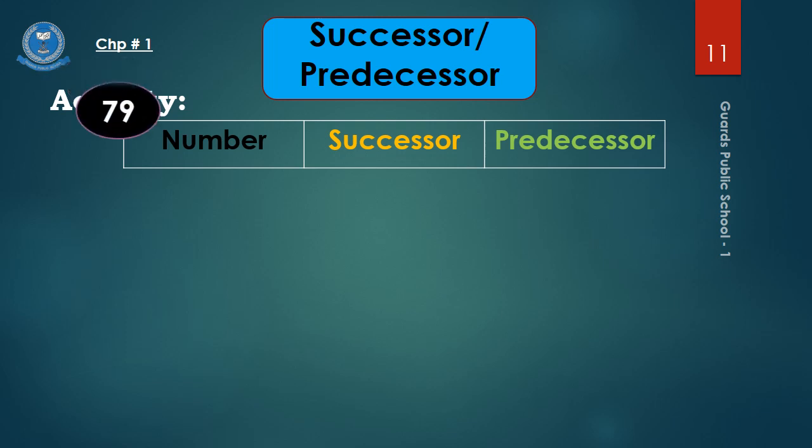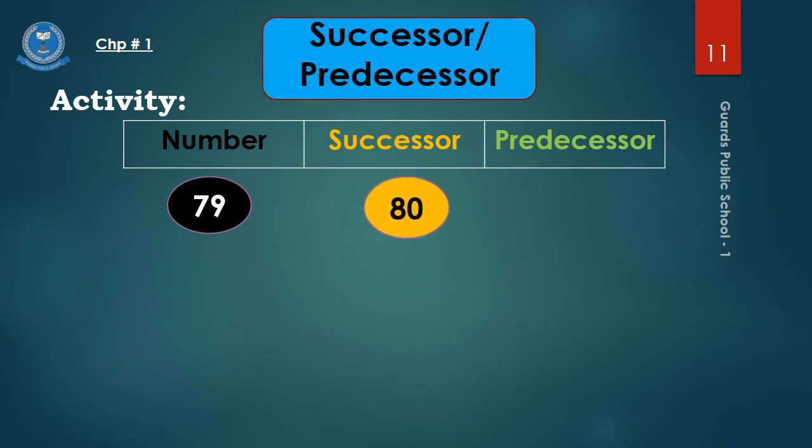If we have the number 79, what is the successor of 79? Yes, it will be 80. And what is the predecessor of 79? Very good, it will be 78. If we have the number 206, what will be the successor of 206?